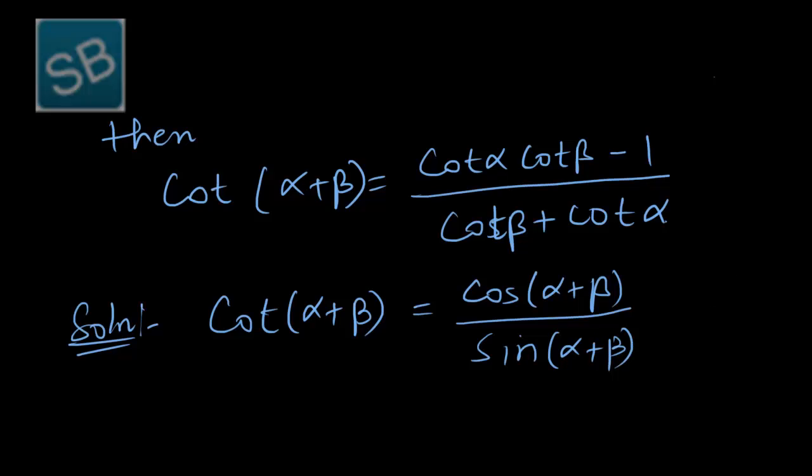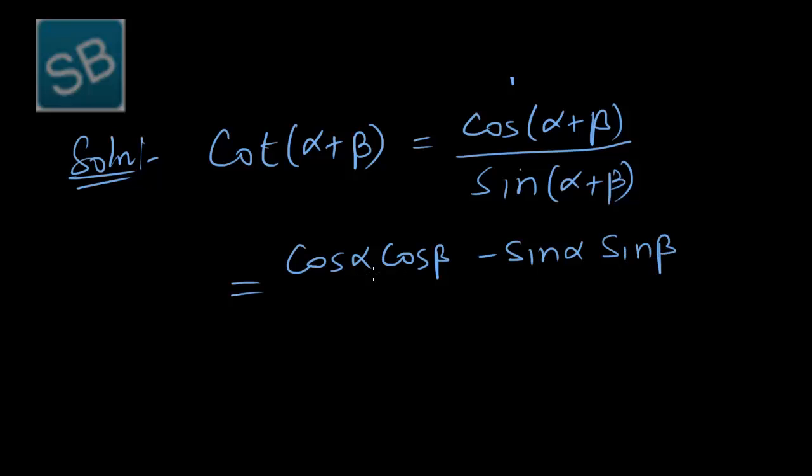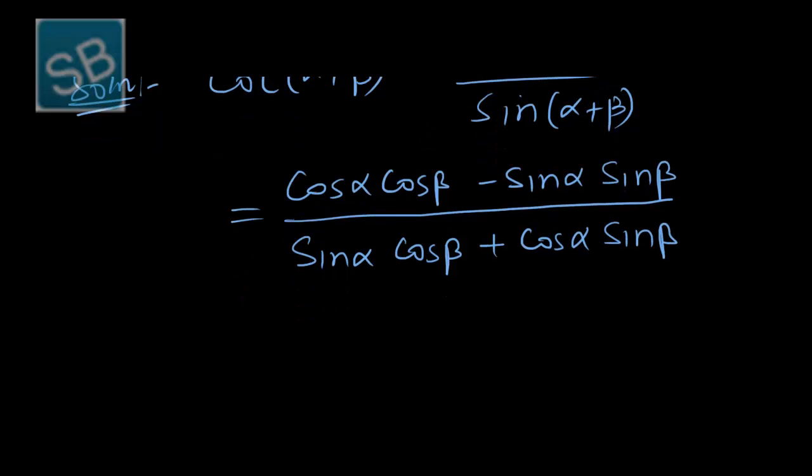Then use the addition formula of cos and sin, that is (cos alpha cos beta minus sin alpha sin beta) over sin(alpha plus beta), that is sin alpha cos beta plus cos alpha sin beta.